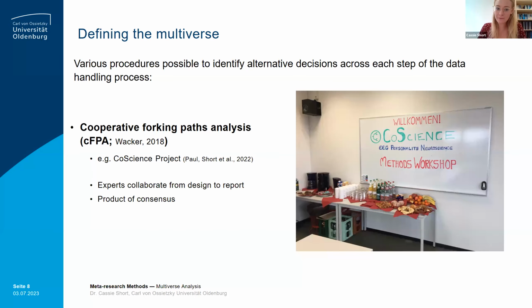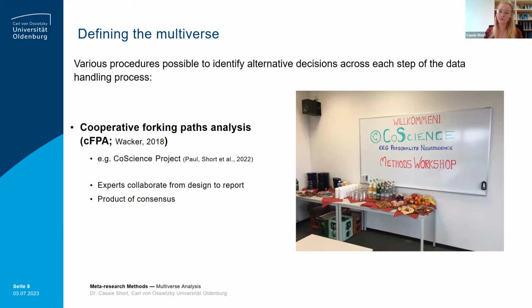And then the fourth example is the one that I'll speak to you about today, and this is called cooperative forking paths analysis. This is slightly different to the other methods in that it involves getting a team of experts together to collaborate from start to finish, from the conceptualization of the study all the way through to the final report of the multiverse.